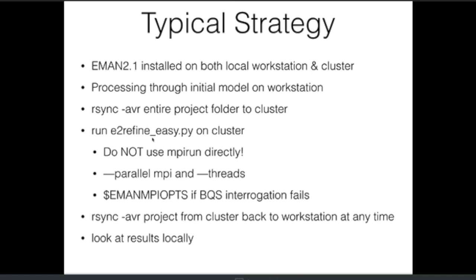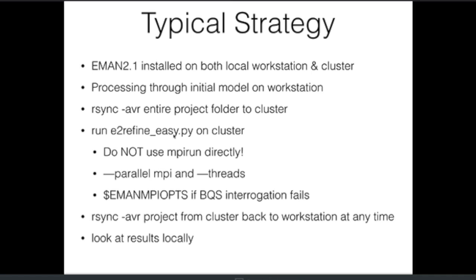The way E2Refine Easy works is it will call mpirun multiple times as it goes through its processing. There are some tasks that it performs only using threads on the local processor. There are other tasks that it performs using MPI on the entire cluster. The majority of the time is spent using MPI, but there are a few tasks which just don't parallelize all that well, and it'll just run on the first allocated node that you get.